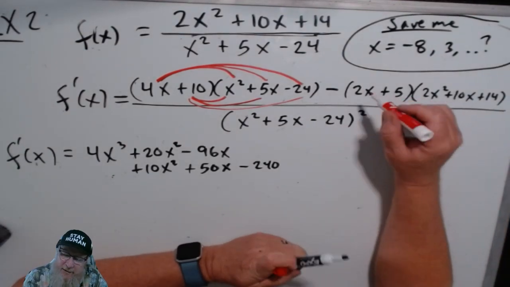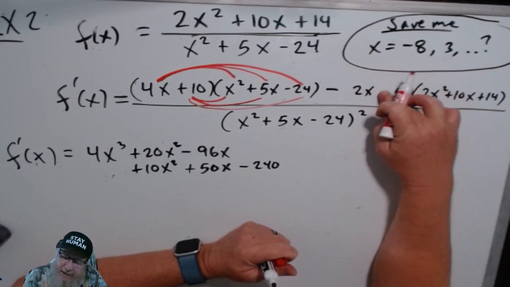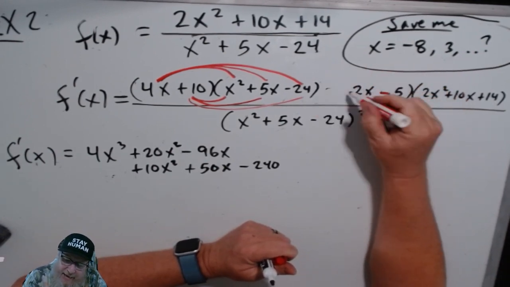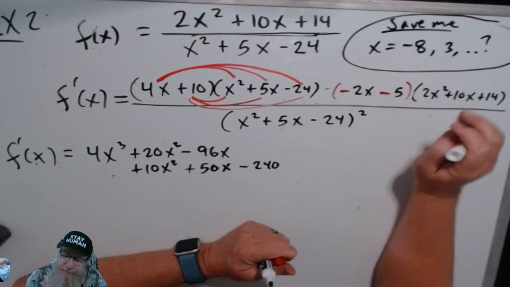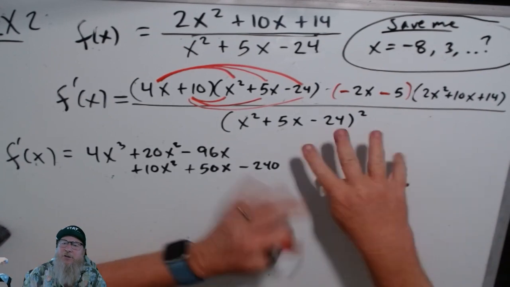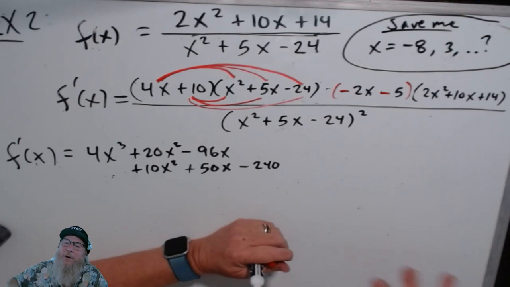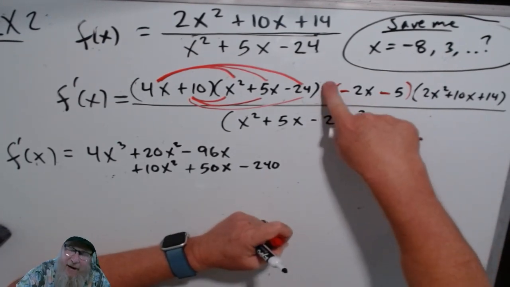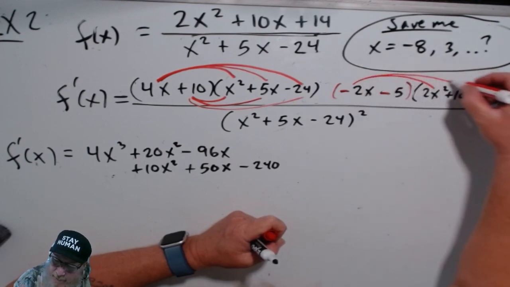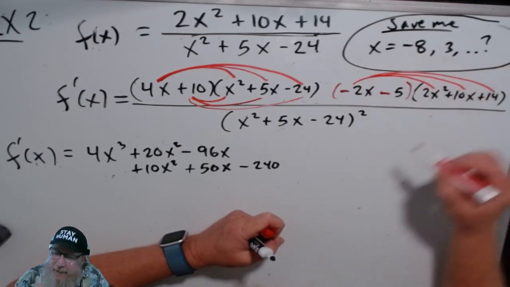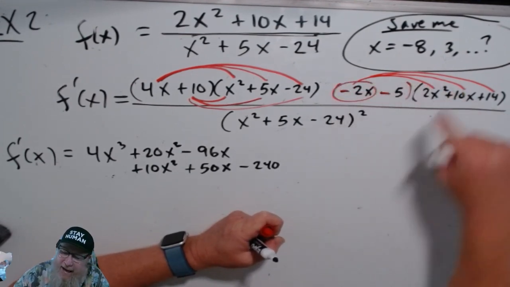Now for this one, it's a little bit tricky, so watch what I do. I first distribute the negative, so I make that negative 2x and negative 5. I'm just trying to save some board space here. I could have written out a whole other step, but there's a negative out here, so I first distribute it. And now when I do my distribution lines here, remember this negative is going with that 2.